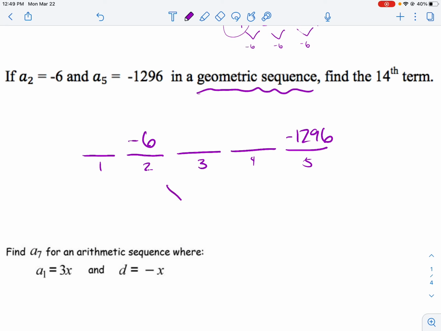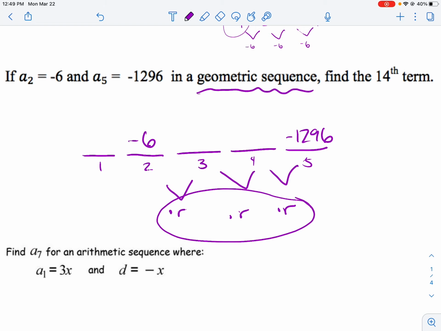So to get from our second term to our third term, we multiply by r. Third to our fourth term, multiply by r. Fourth to our fifth term, multiplying by r again. So if you think about it, to get from our second term to our fifth term, we have to multiply this -6 by our common ratio 3 times.